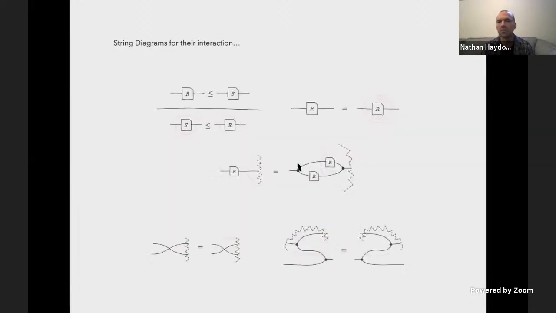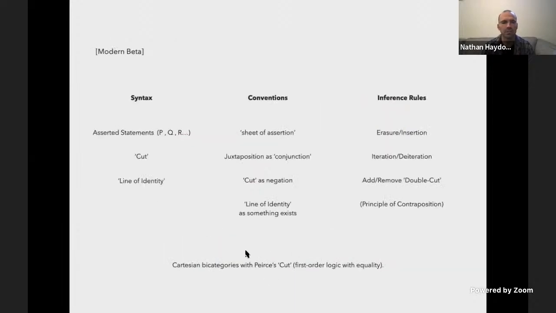And with those three rules, and we have these two more at the bottom, but those just assert that lines of identity pass through the cut, that the topology of the lines is not affected by the cut, we're able to extend the string diagrammatic calculus for Cartesian bicategories to add negation, and so get a modern presentation of first-order logic.